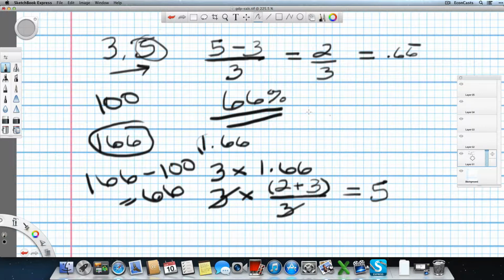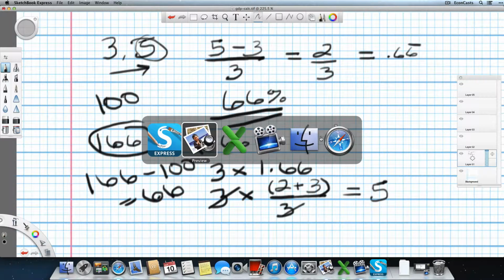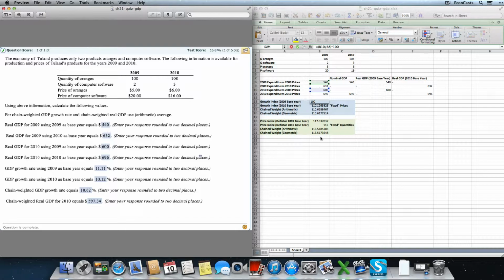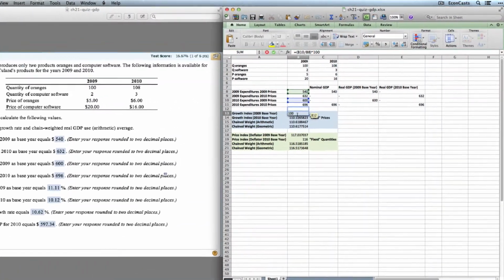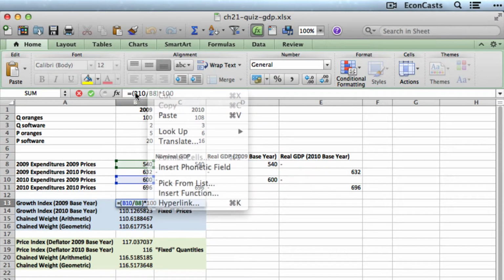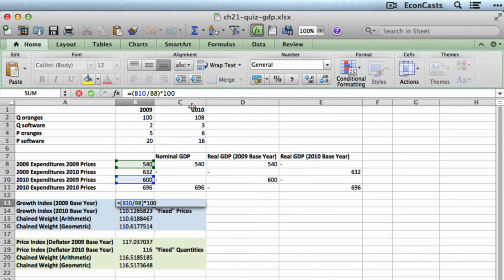So now what we need to do is apply this concept back in our problem for calculating growth rates. So our base year growth index is simply going to be our expenditures in 2010 in 2009 prices over our expenditures in 2009 in 2009 prices.